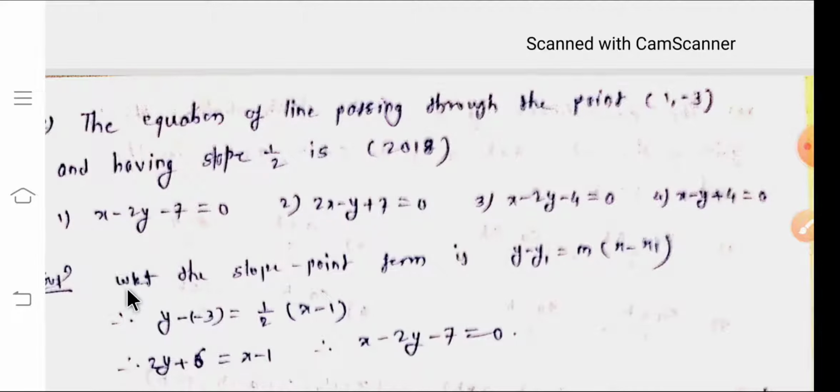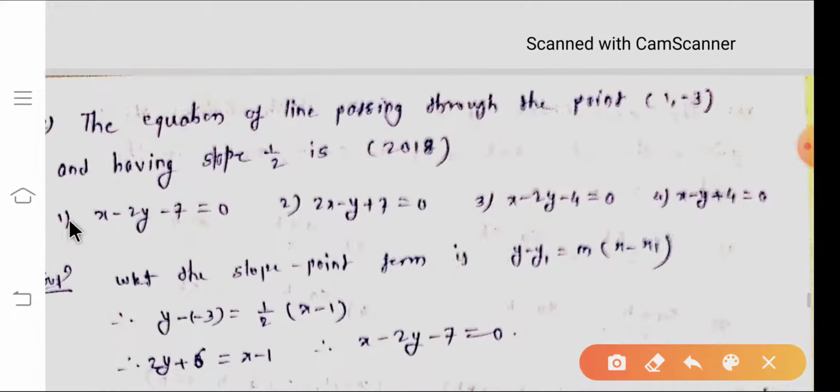Here I solve it. We know the slope point form is y minus y1 equals m into (x minus x1). So y minus (minus 3), because y1 is minus 3 and x1 is 1, equals 1 by 2 (x minus 1). Cross multiplying, we get 2y plus 6 equals x minus 1. Therefore x minus 2y minus 7 equals 0. So the first option is the right option.